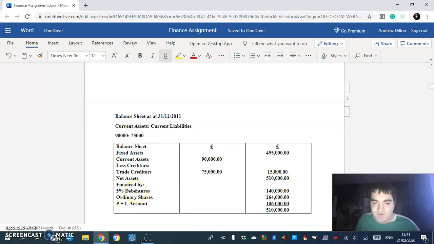Then it comes to my 5% debentures, which is 140,000 euros. Then my ordinary shares, which is 264,000 euros.